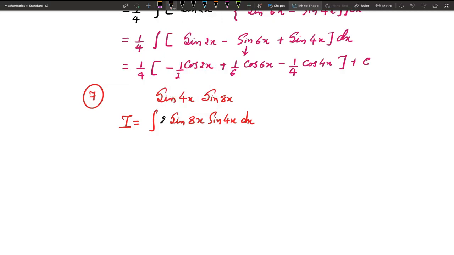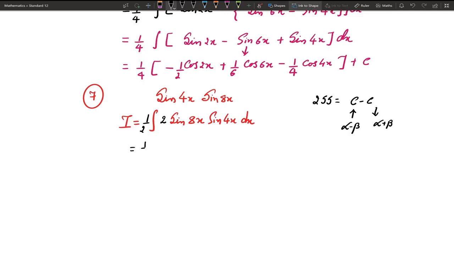Multiply by 2 and divide by 2: 2 sin sin is cos minus cos, where first it will be alpha minus beta and then alpha plus beta.